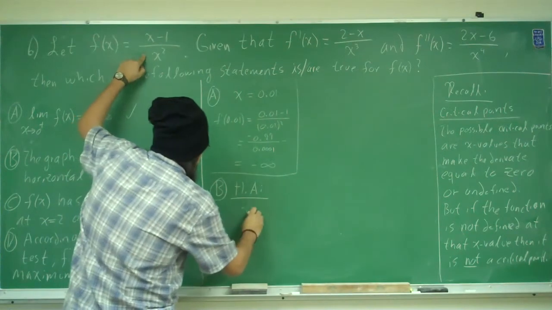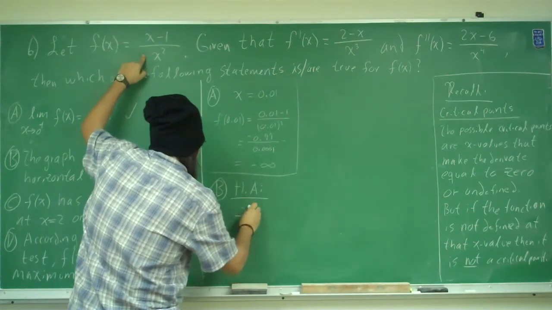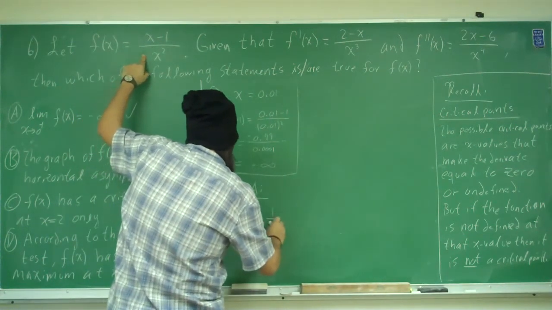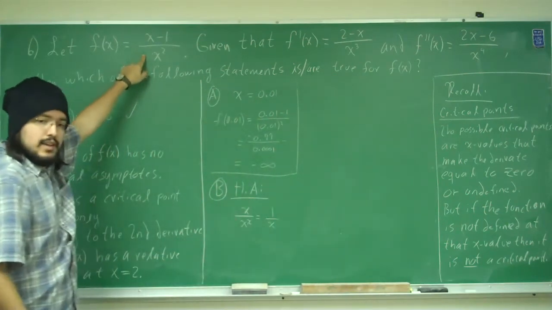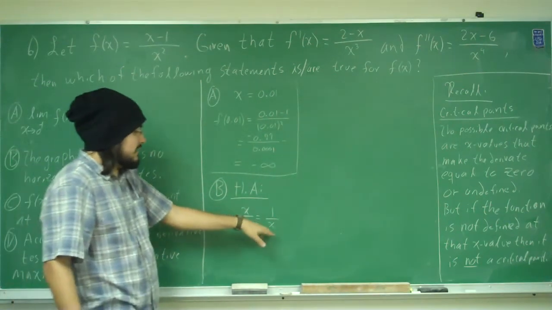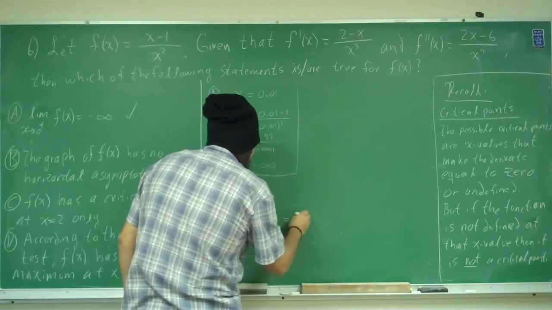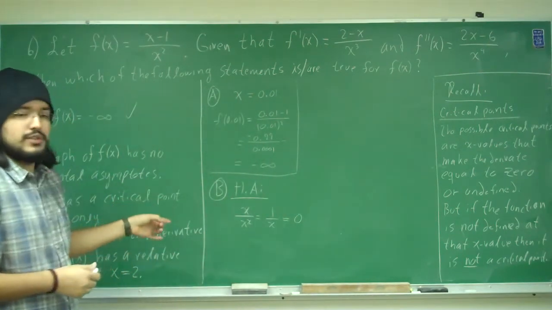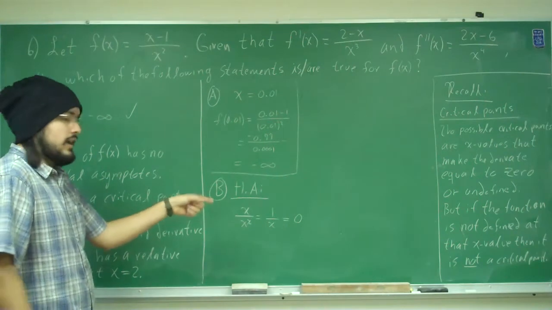We get x divided by x squared, that gives us 1 over x. If you take the limit of 1 over x as x goes to infinity and negative infinity, this is always equal to 0. So there is a horizontal asymptote, and that's exactly at y equals 0.